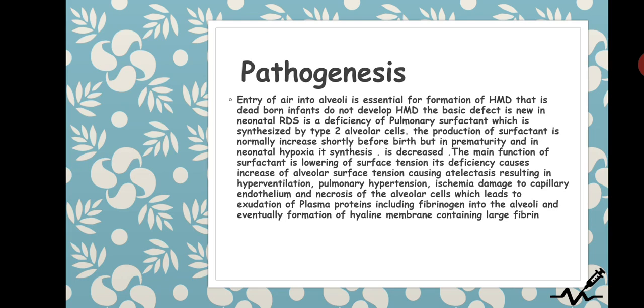The main function of surfactant is lowering of surface tension, and when there is a deficiency of surfactant, it causes increased alveolar surface tension, causing atelectasis, resulting in hyperventilation, pulmonary hypertension, and finally ischemia, causing damage to capillary endothelium and necrosis of the alveolar cells, which leads to exudation of plasma proteins including fibrinogen into the alveoli and eventually formation of a hyaline membrane containing large amounts of fibrin.